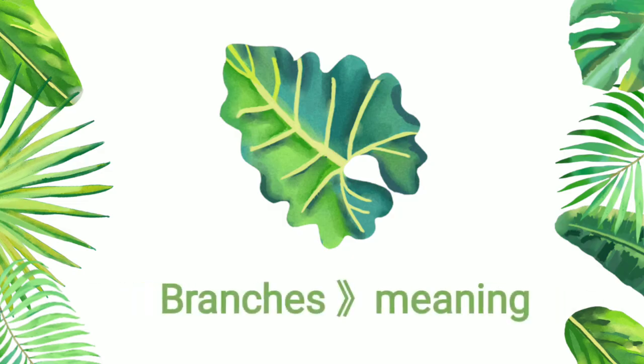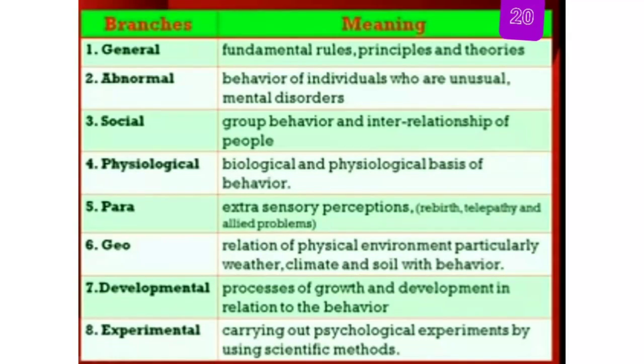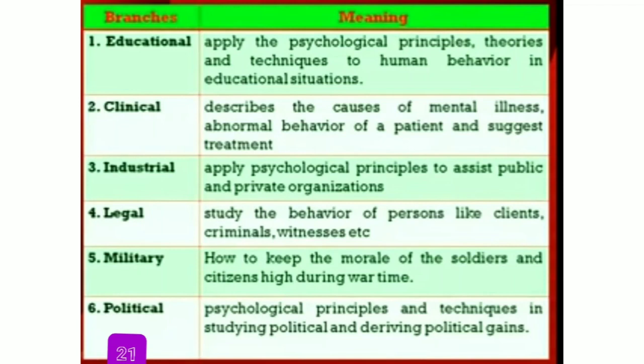Okay, branches and meanings. General is the fundamental rules; social is group behavior. Para is extrasensory perception, and experimental is carrying out psychological experiments. Then applied psychology comes under educational psychology.